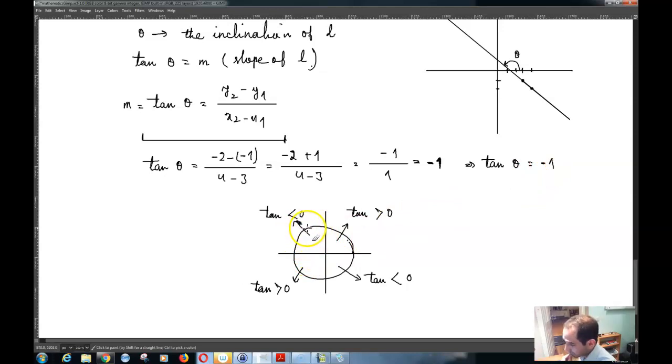Now the way that you can find it, well, I've never actually solved this kind of problem before.